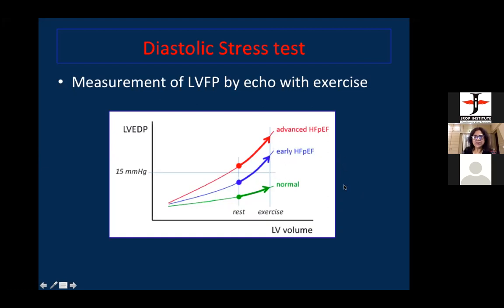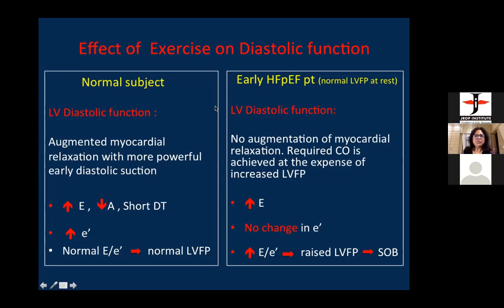This is basically because of the effect of exercise. In a normal subject with exercise, there is augmentation of myocardial relaxation with more powerful early diastolic suction. That will increase the velocity of both E wave and E prime.